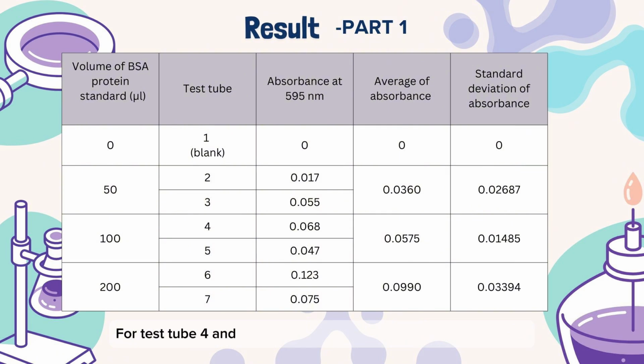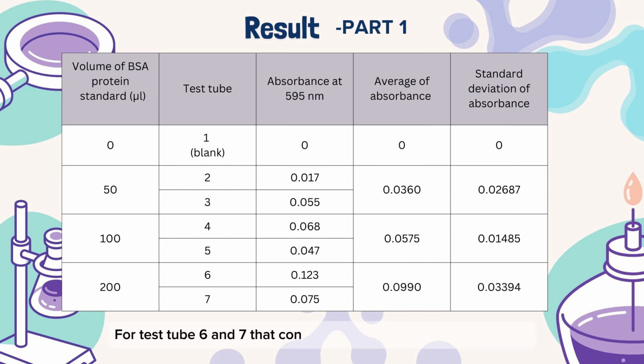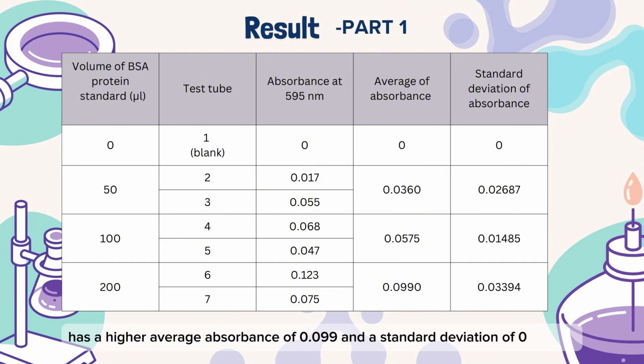Test tubes 4 and 5 that contain 100 microliter of BSA protein standard have an average absorbance of 0.0575 and a standard deviation of 0.01485. Test tubes 6 and 7 that contain 200 microliter of BSA protein standard have a higher average absorbance of 0.099 and a standard deviation of 0.03394.